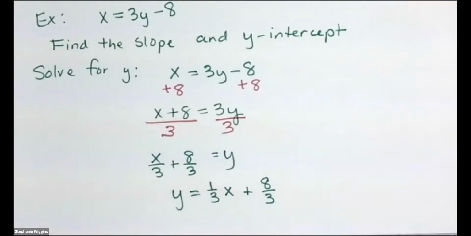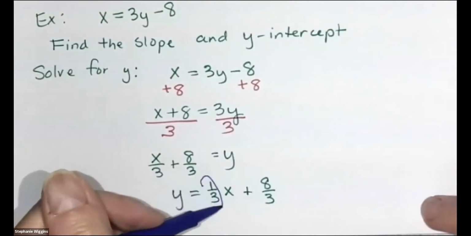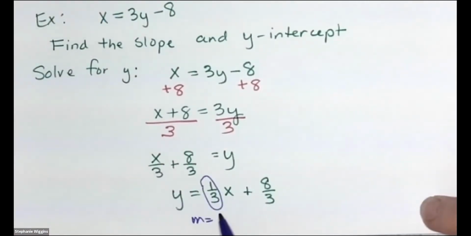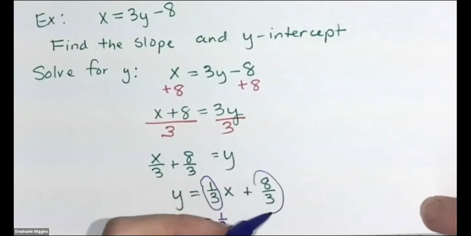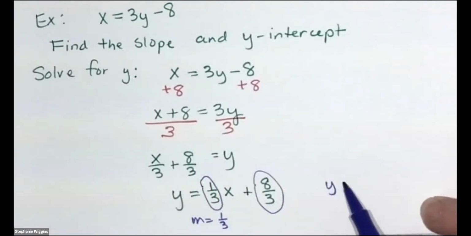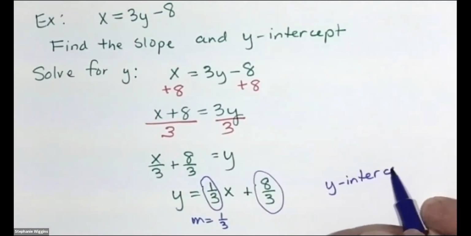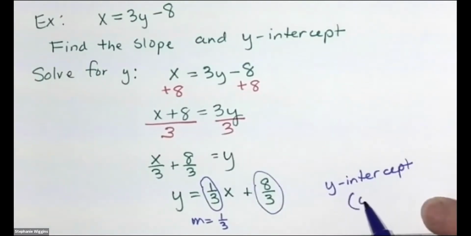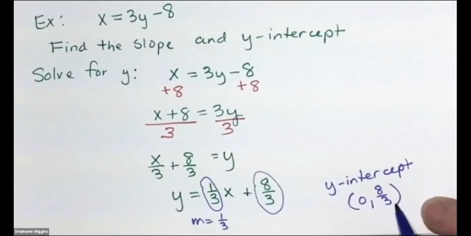And now it's in slope-intercept form, so now we can see the slope is 1/3, and the intercept is the point (0, 8/3).